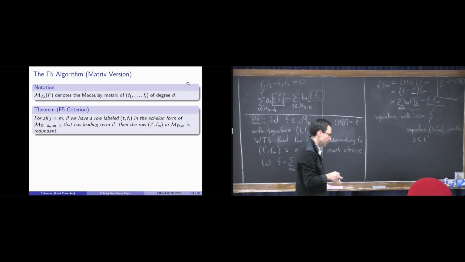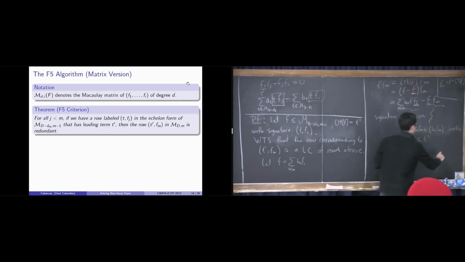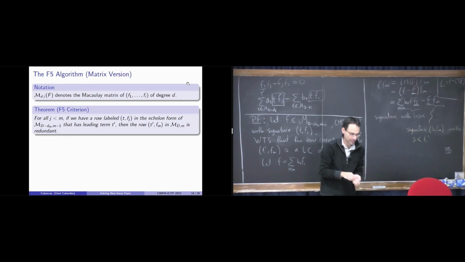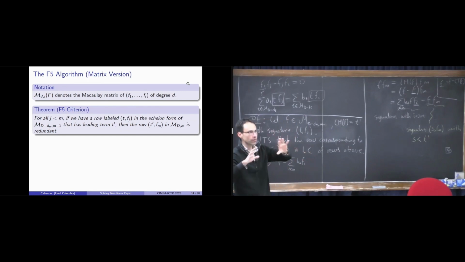So with this, this finishes the proof. And we have established this F5 criterion that allows us to remove redundant rows that come from the trivial syzygies.